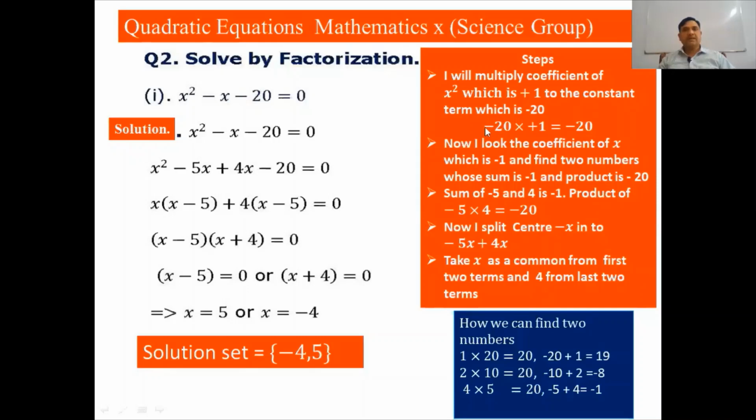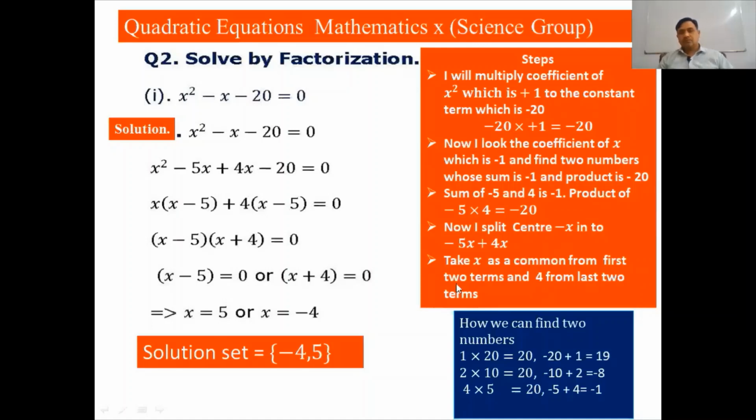Multiplying minus 20 with plus 1, we have minus 20. Now I look at the coefficient of x, which is minus 1. We have to find two numbers whose sum is minus 1 and product is minus 20.